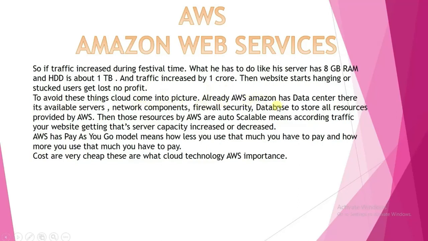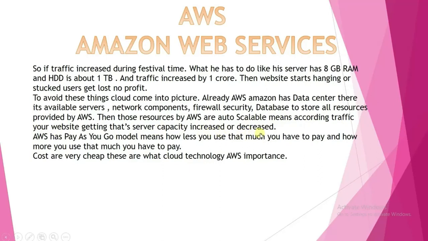AWS, Amazon already has data centers. There, servers, network components, firewall security and databases to store all the resources are available, provided by AWS. Those resources are auto scalable, meaning according to the traffic your website gets, the server capacity is increased or decreased.